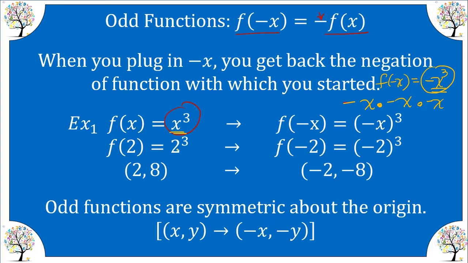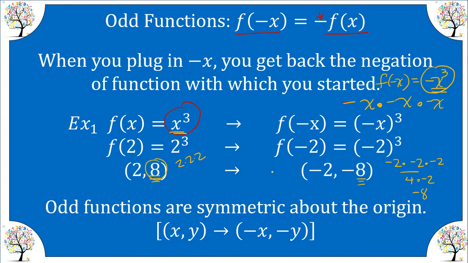So let's take a look at an actual value. When I put in 2 into this function, when I have positive 2, I get 2 times 2 times 2, which is 8. And when I put in negative 2, I want the negation of 8. And so I have negative 2 times negative 2 times negative 2. This gives me 4 times negative 2, which gives me the negative 8, the negation.